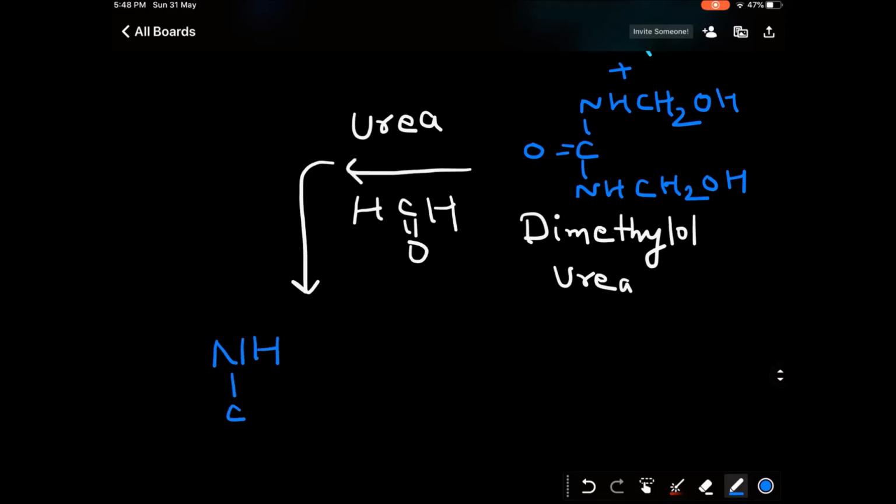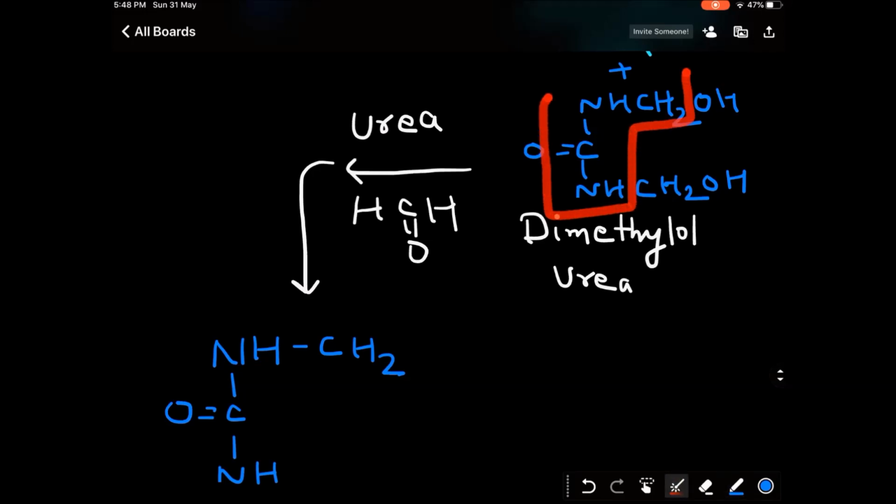NH C double bond O, NH, CH2. When we write this structure, you can imagine that this is the repeating unit in it.